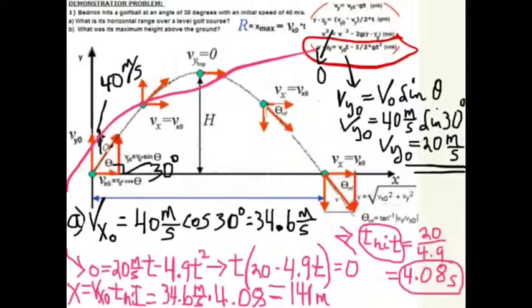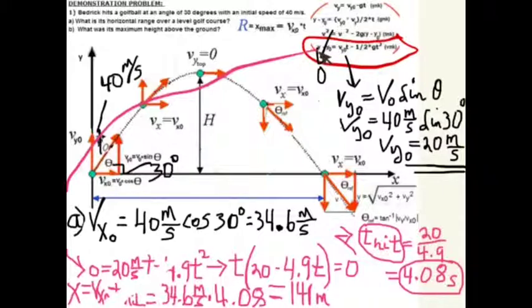We have established that x hit, or the range, is equal to Vx naught times t hit. Vx naught is 40 meters per second cosine of 30 degrees, which is 34.6 meters per second. So all we need is the time to hit. We go to the final velocity not known equation, which is quadratic in t.